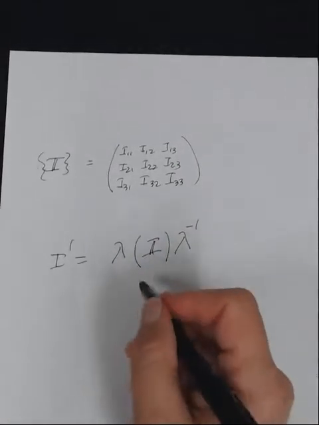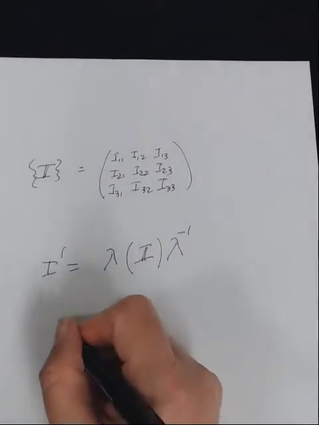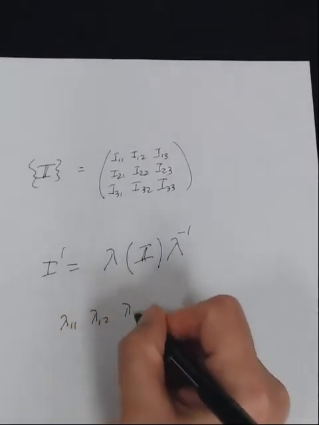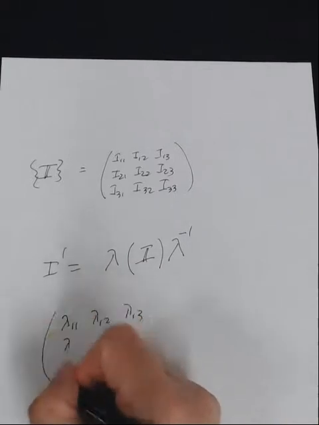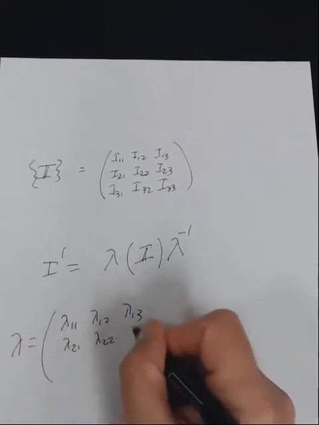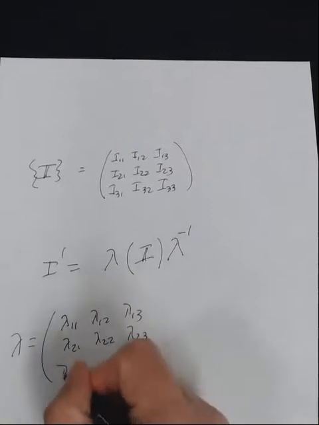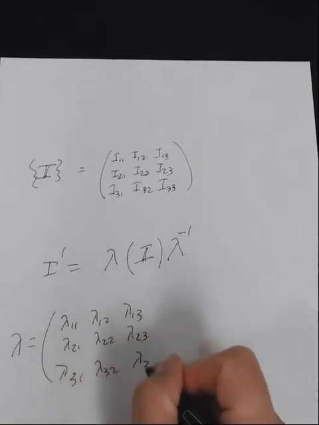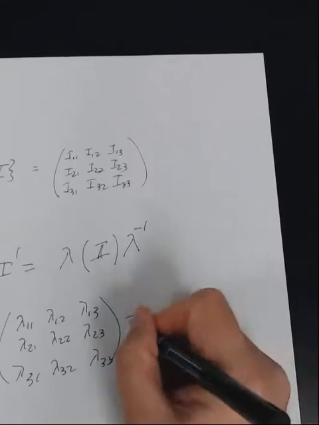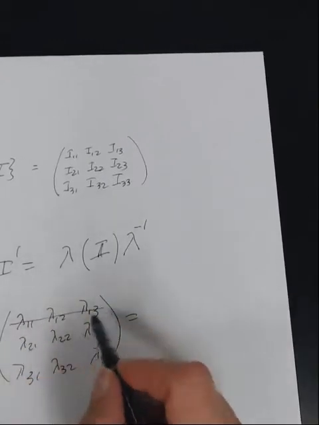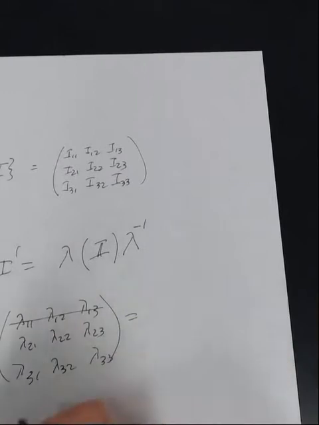So the inverse, by the way, if I have lambda 1 1, lambda 1 2, lambda 1 3, lambda 2 1, lambda 2 2, lambda 2 3, lambda 3 1, lambda 3 2, lambda 3 3. To get the inverse of these, you take this row and you make it the column.